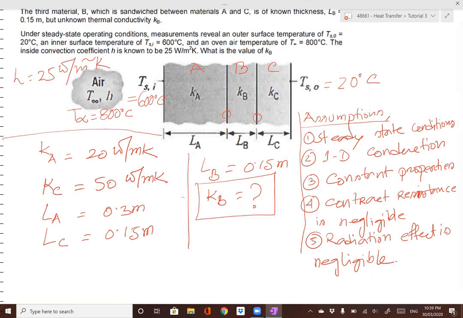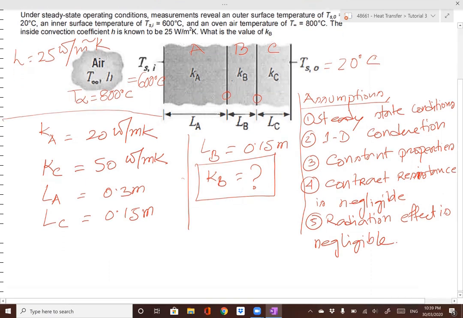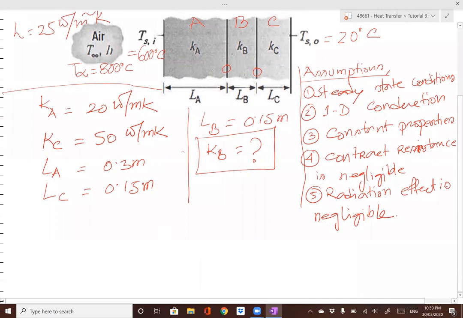Okay, so these are the given parameters and these are the assumptions. Now I'll draw the thermal circuit.